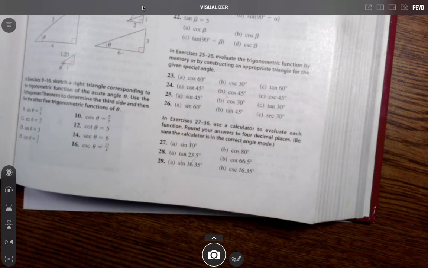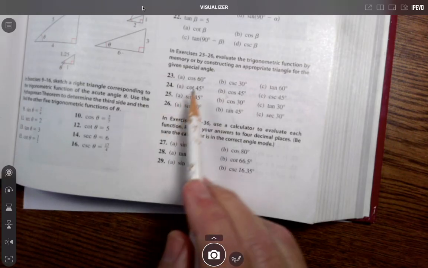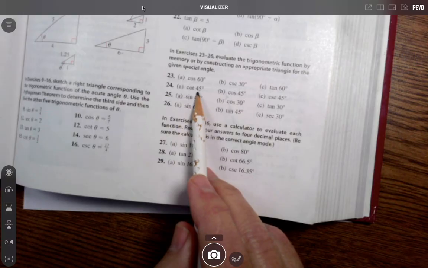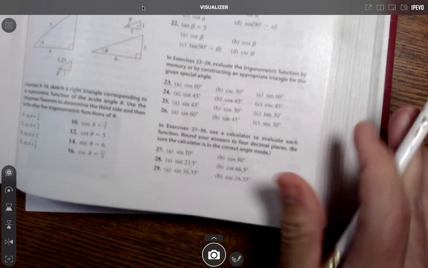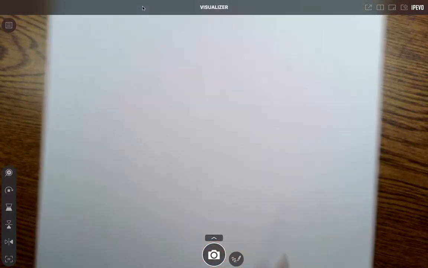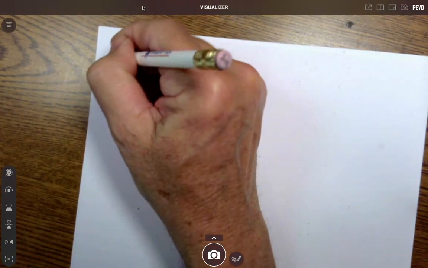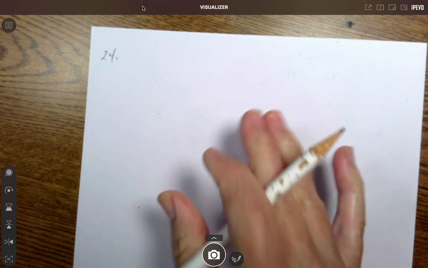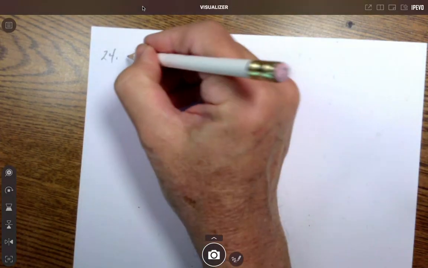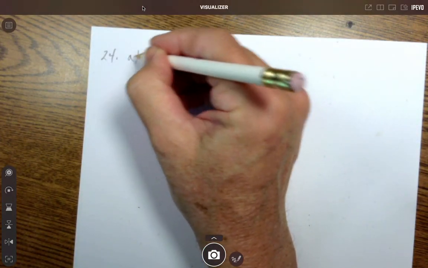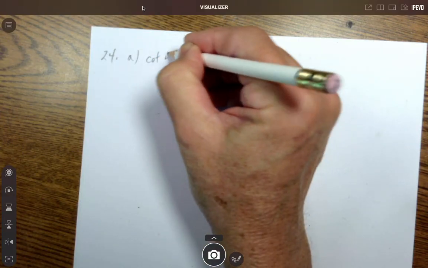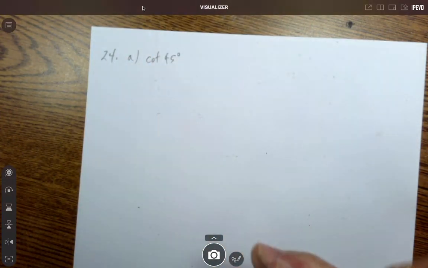Well, oh, this is a little different, I guess. We know 45 degrees, those numbers are, well, I guess I better do it. What is the cotangent of 45 degrees?